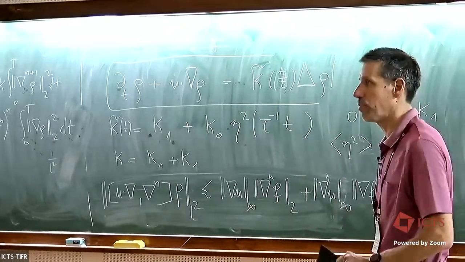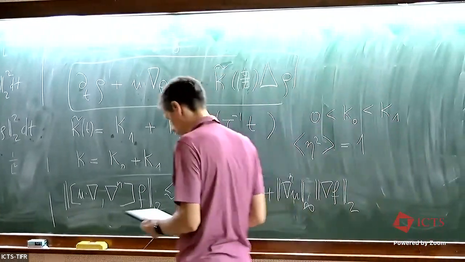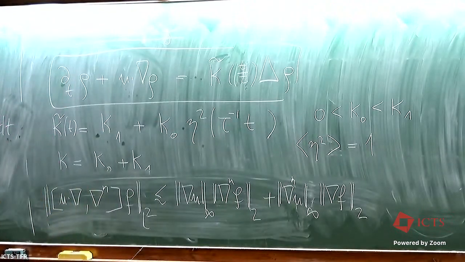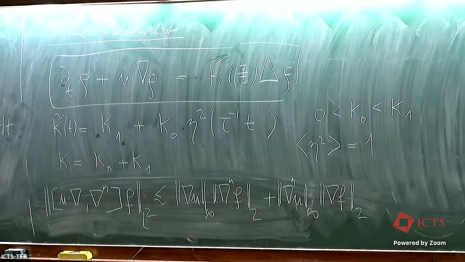Okay, just by interpolation. You have the product rule, lots of terms, but all of them can be interpolated into these two, and then Young. So this is something that you have to use repeatedly in this derivation.